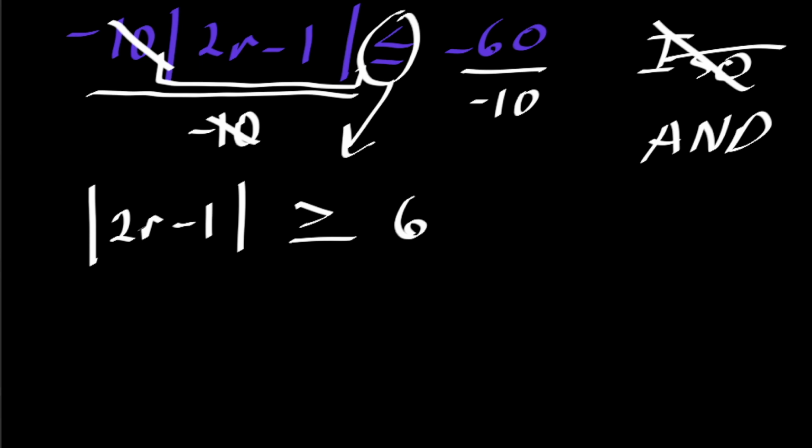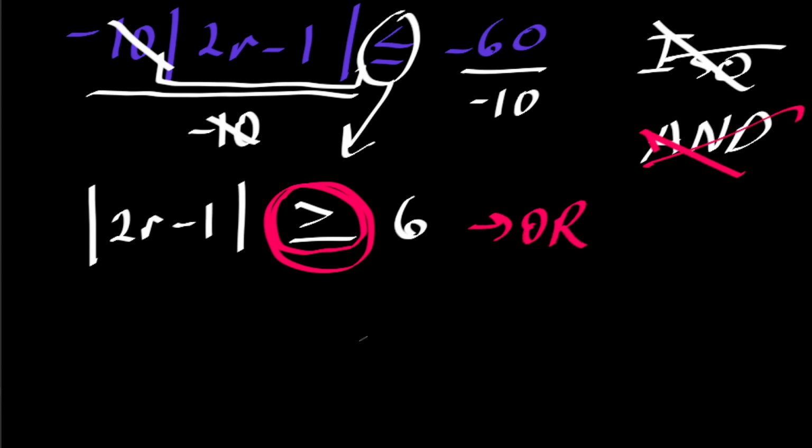So once you isolate the absolute value, you can see that this is an or inequality. It is not an and inequality. So that's why you always have to isolate first. That's the biggest takeaway from this video: isolate first, then make your decision about if it's an and inequality or an or inequality.